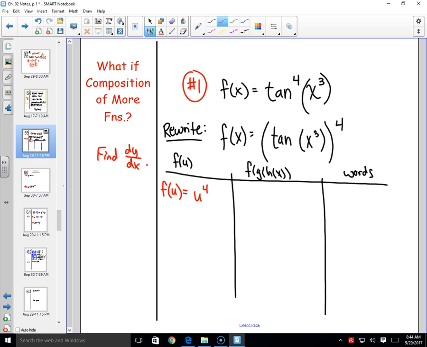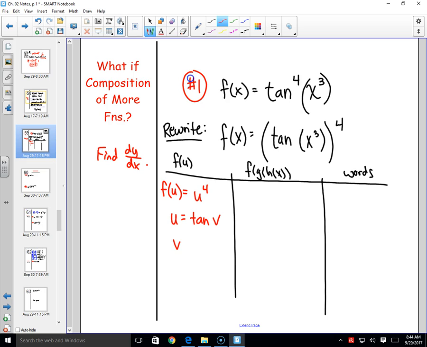Okay. My u is tangent of v. That makes sense because I can't make it x cubed, I have to make it somebody else. So if u is this guy, then v must be that guy. He's the inner Matryoshka, the inner function.